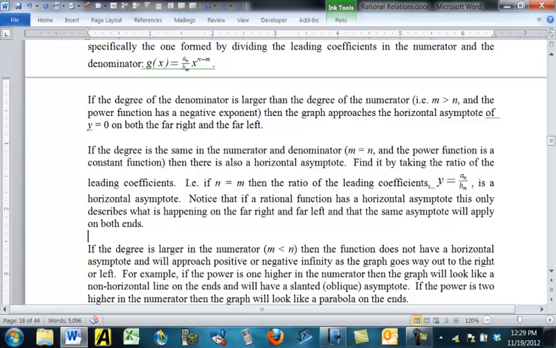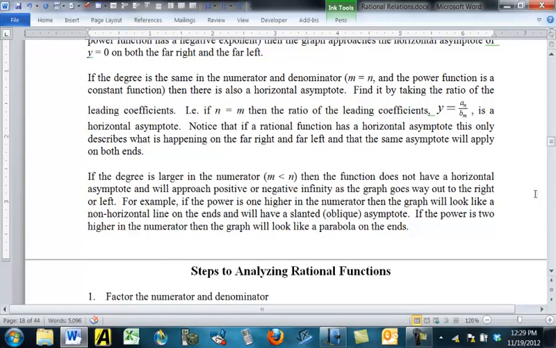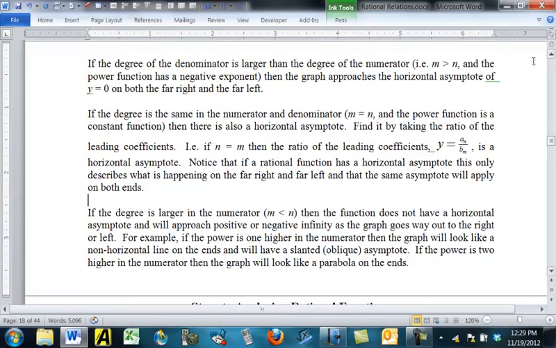If the degree is bigger in the numerator, then it doesn't have one. If it's bigger in the denominator, then it's always approaching y equals 0. So those are your three cases: larger in the denominator, y equals 0, the x-axis asymptote. Same in numerator and denominator, asymptote is the ratio of the coefficients. Larger in the numerator, no horizontal asymptote.